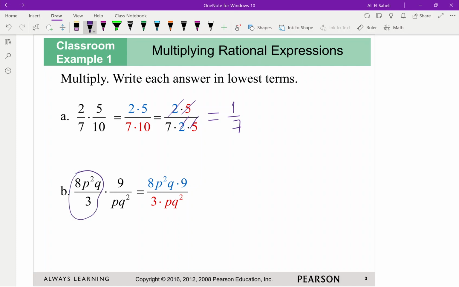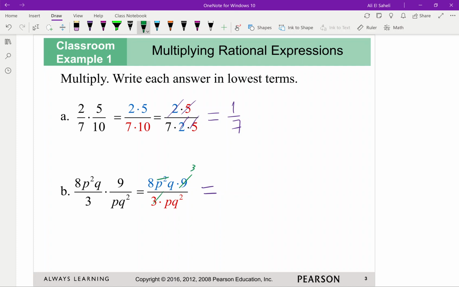Multiply this rational expression by this rational expression. So what happens is we multiply the numerators and we multiply the denominators. Now what we have is 9 over 3 is 3.